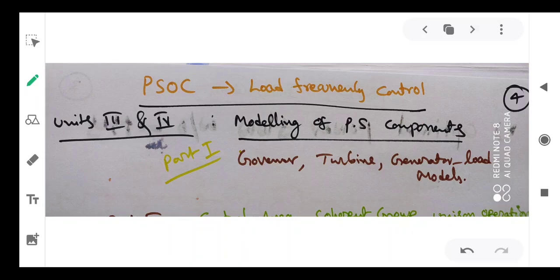Next one, units 3 and 4 comprise load frequency control, ALFC, single area load frequency control and two area load frequency control, and modeling of various components of the power systems. So the first part is modeling of various power system components: governor, turbine, generator and load models can be modeled in part 1.